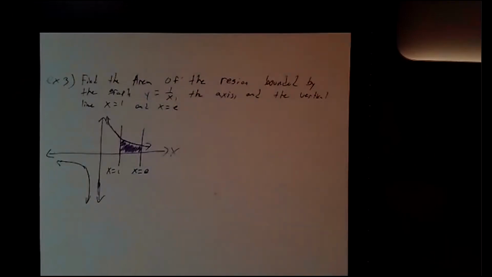So I want you to start graphing these before you start. This is going to get very important in the next chapter. Right now you can get away with not doing it sometimes, but I don't recommend you start doing that. So I'm going to integrate with respect to x the 1 over x function.